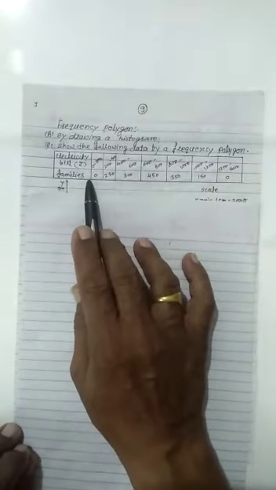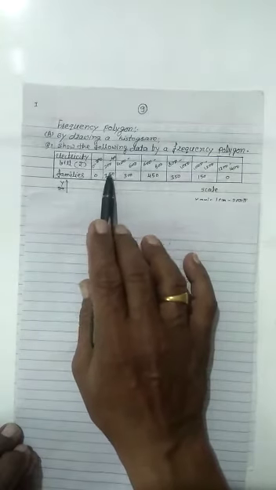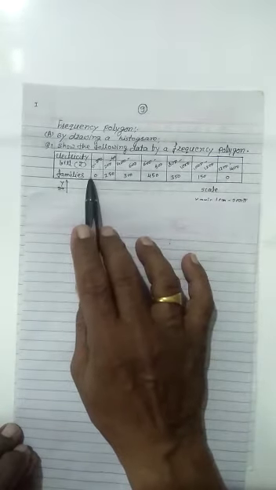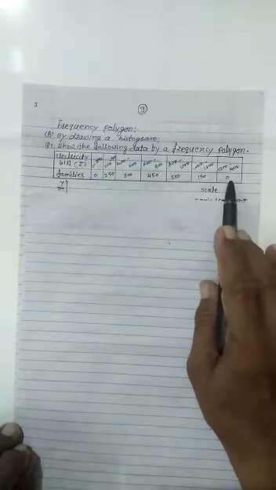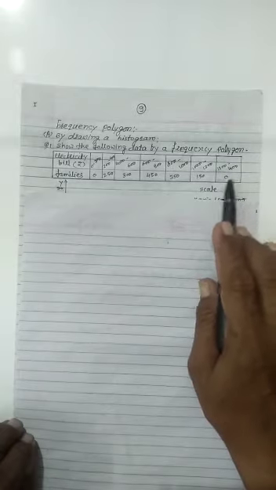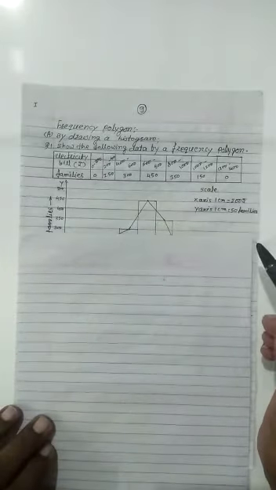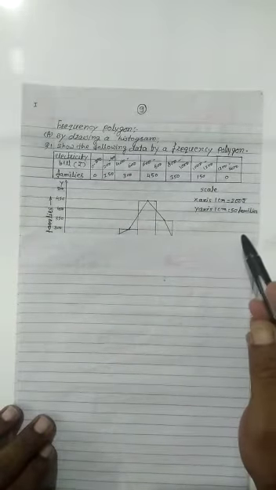The first class is this, then its previous class and its succeeding class, 1200 to 1400, and take frequency 0, 0. These last two classes are added by us, and that is most important for the frequency polygon.